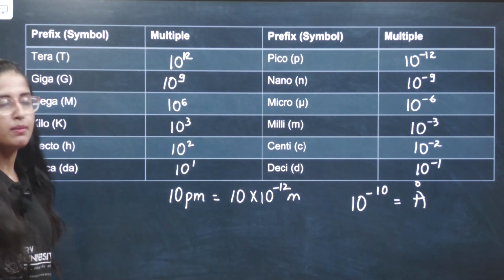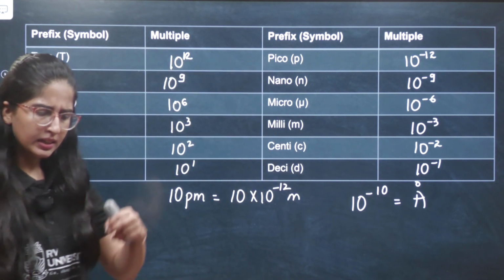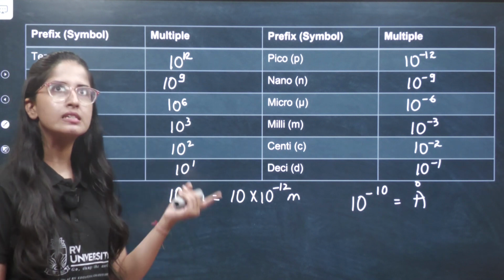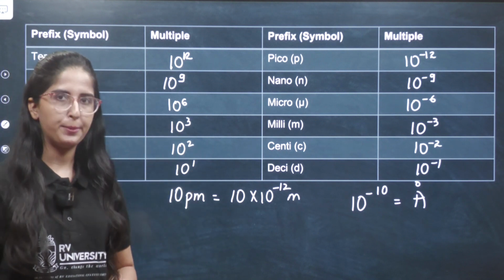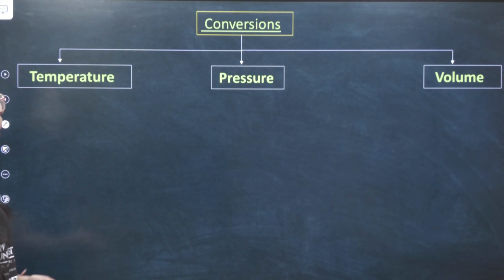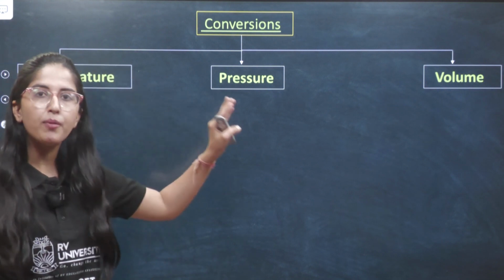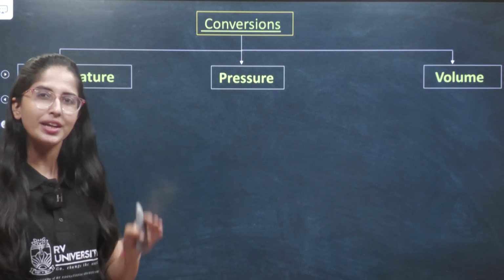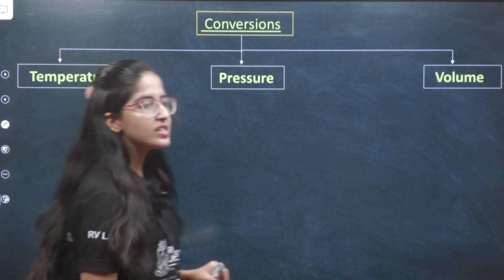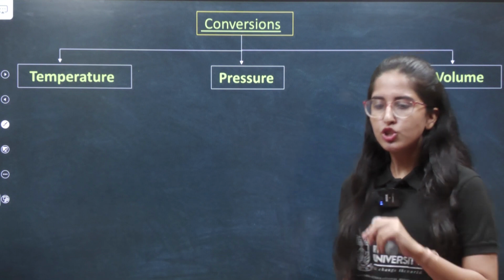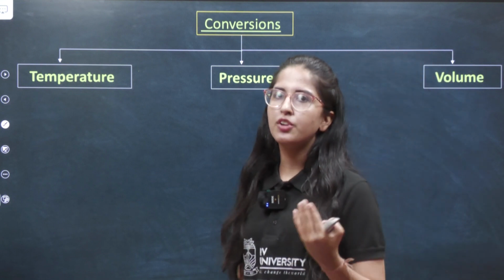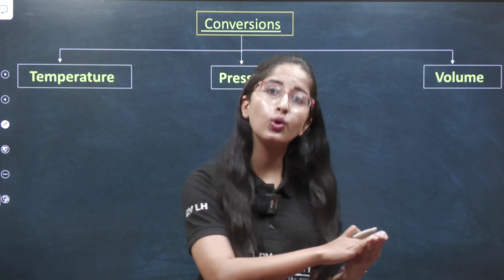Understood? So that will be very important for you, and in most cases it will be asked in the atomic structure chapter. Now let us move further, that is important conversions. These conversions are very important with respect to your chemistry. Okay, so the first one is temperature. To express the temperature, we have 3 units.